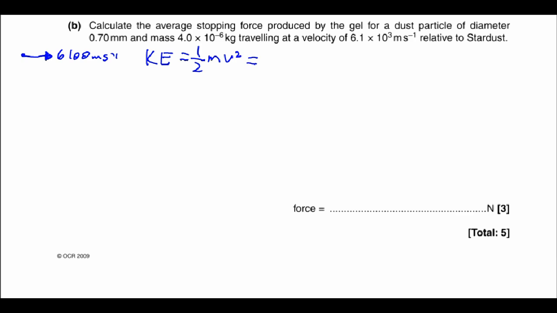Putting the values in, this will give you half times 4 times 10 to the minus 6 times the velocity squared, giving 74.4 joules.